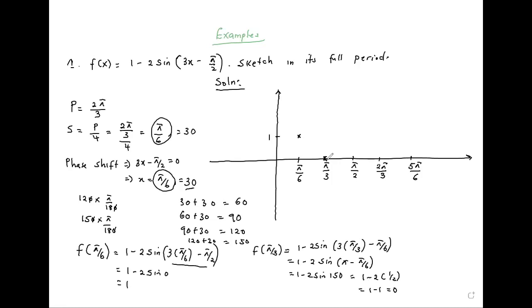Then we look at the sign of sine in the second quadrant. It is positive as it is positive in the first quadrant. So the sine 30 we get, which is half, remains half even for 150, because sine is positive in the second quadrant.